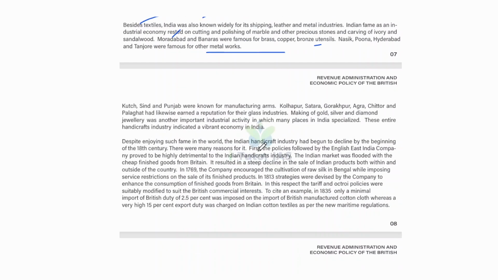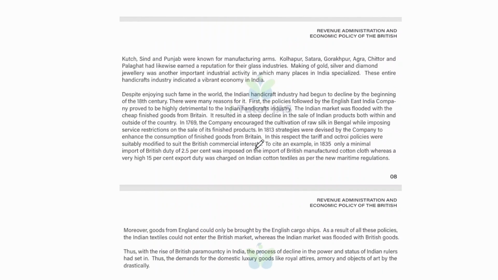Kutch, Sindh, and Punjab were known for manufacturing arms, and Kolhapur, Satara, Gorakhpur, Agra, Chittor, and Palghat had likewise earned a reputation for their glass industries. And making of gold, silver, and diamond jewelry was another important industrial activity in which many places in India specialized.